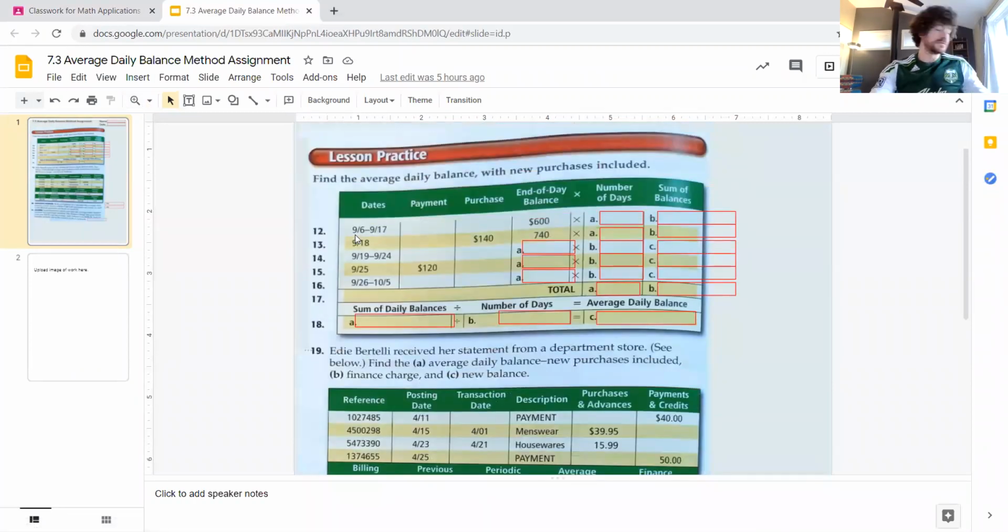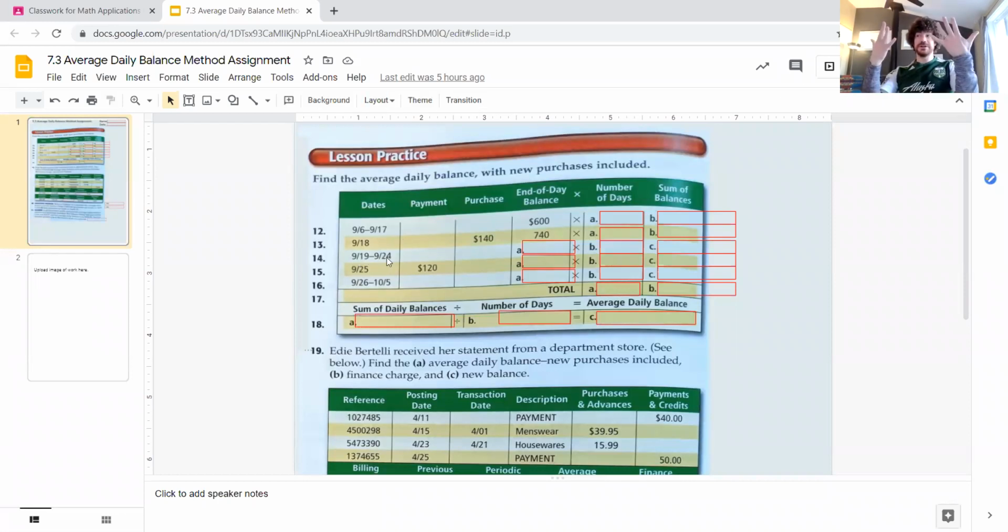In fact, 12 through 18 look almost exactly the same as what we just did from that last page that we just worked on. Just remember to make sure that your number of days are accurate. Include both the first and the last day there. So September 19th through 24th, 24 minus 19 is 5, but you have to add in both dates. So it's actually 6 days there for the 19th through the 24th.